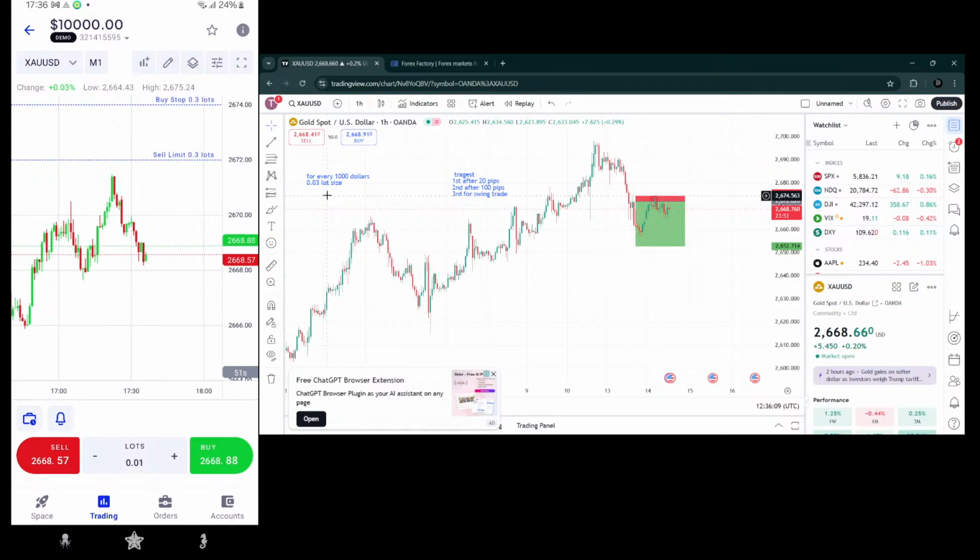And imagine how many people they have in their group, and every day they give 6, 7 signals because they want you to do their trading. Once you do their trading, you will put in more lot sizes and do more trades in the market, and they earn money.